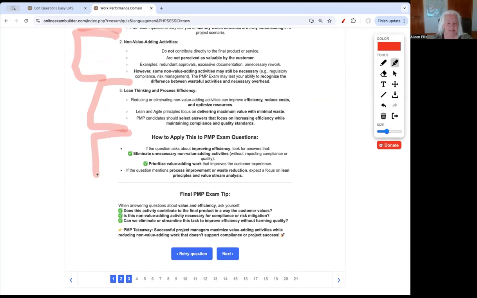How do we apply this on the PMP exam? We want to eliminate unnecessary non-value added activities, but some non-value added activities are necessary. And here's the final PMP exam tip. We want to maximize value added activities while reducing non-value added work that doesn't support compliance or project success.